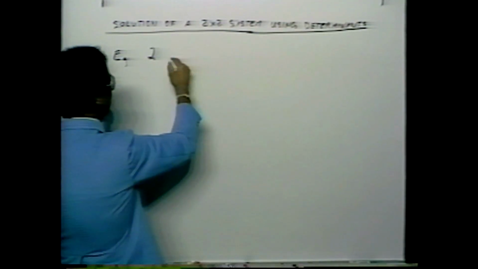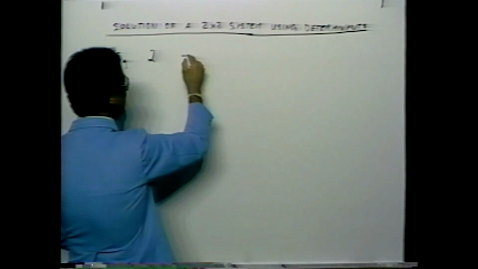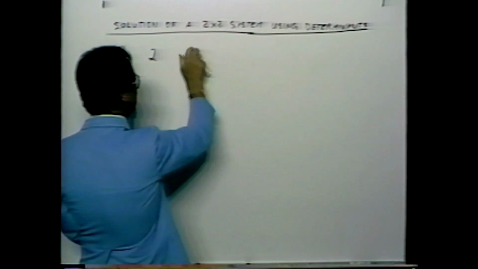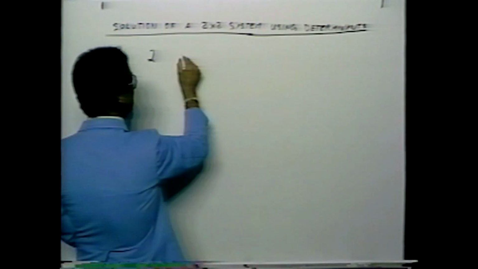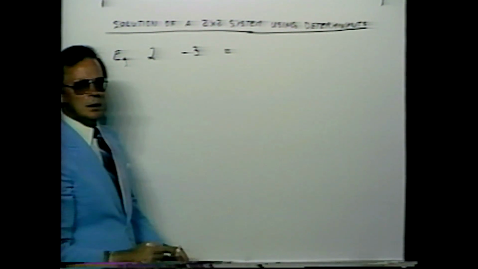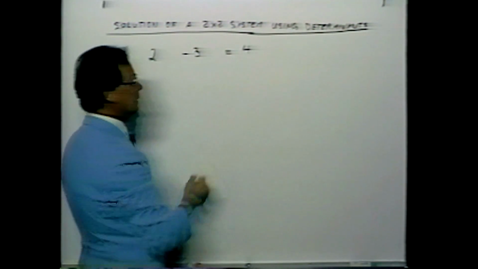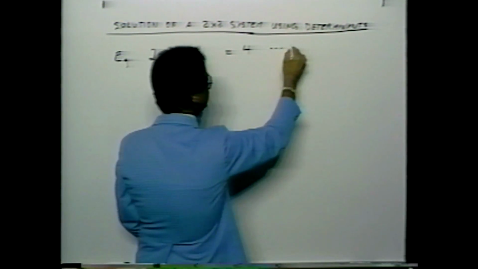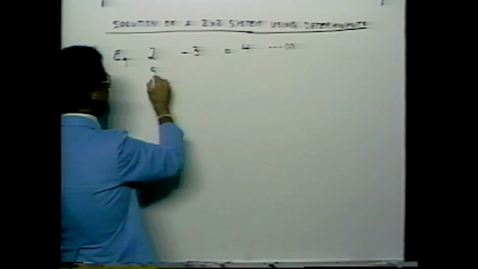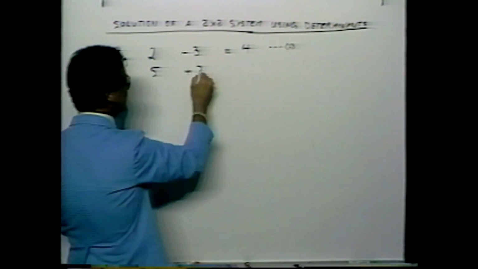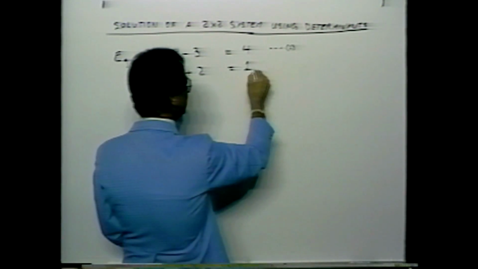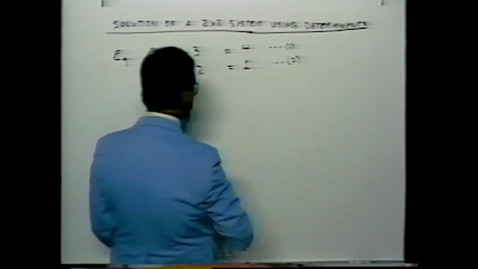I'll leave the x out for the time being and put it in another color. Similarly for the y. So we have 2x minus 3y equal to 4. That's equation 1. Then we'll have 5x plus 2y equal to 1, and that'll be our equation 2.